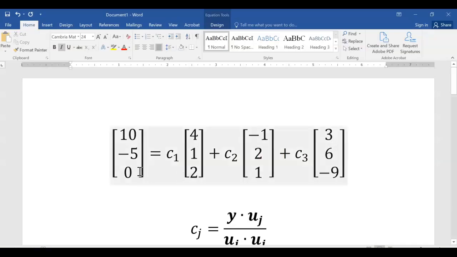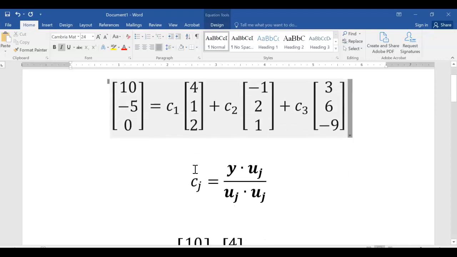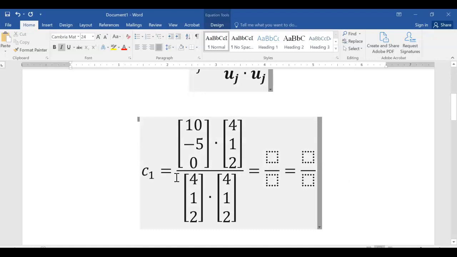Okay, so we want to write (10, -5, 0) as a linear combination. So what's the coefficient I need on (4, 1, 2)? I'm going to take the inner product of (10, -5, 0) with (4, 1, 2), and divide that by the length of (4, 1, 2) squared, so the inner product of (4, 1, 2) with itself. I've already set that up.